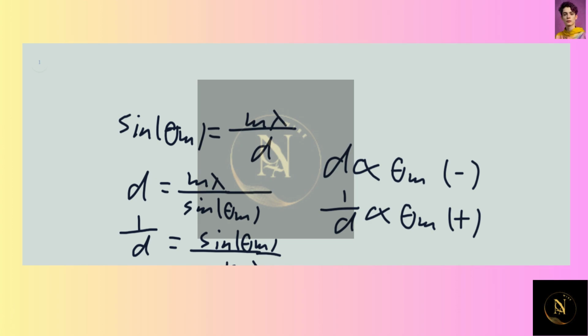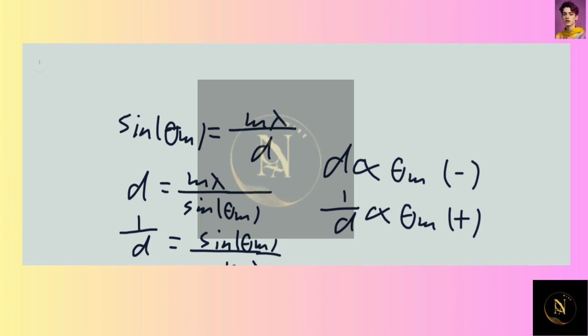So if you want to get the grating with more lines per centimeter or more lines per meter, all you need to do is find a certain bright spot. For example, if we take a look at the second order bright spot, so m is fixed at this point, and with the red light the wavelength is fixed.